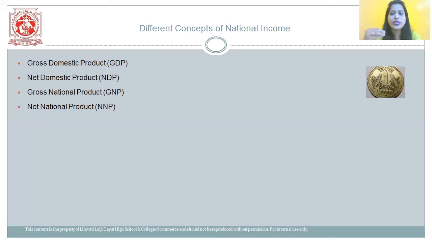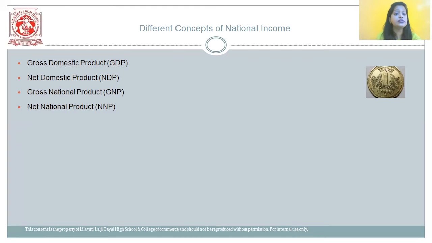Then you have GNP, gross national product. Now goods and services are produced in India along with receipts and payments from abroad. So they are produced in India, but the receipts and payments are from abroad, and again depreciation is not deducted. The last one is net national product, NNP.